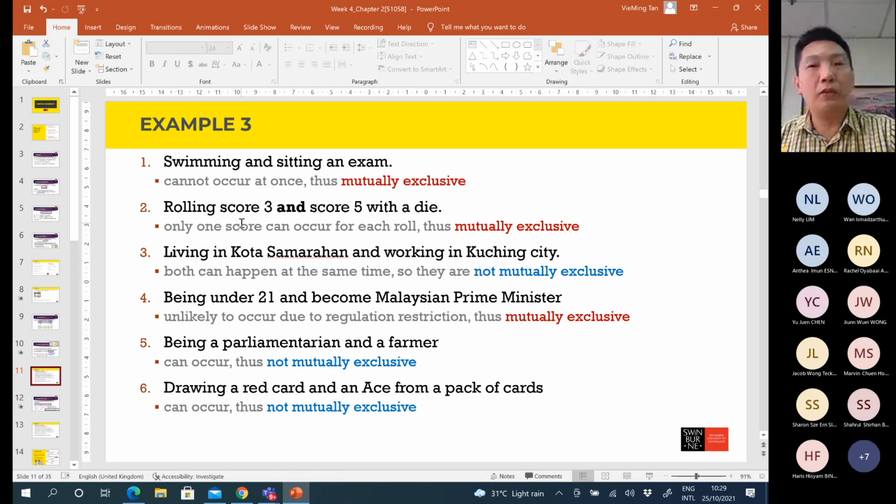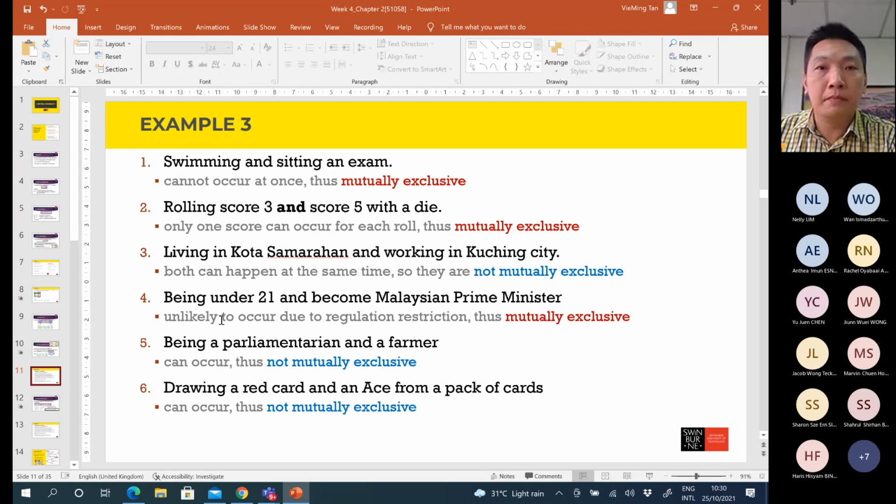If you throw a die, your result is score 3 and score 5. Not possible also. Why? Because if you roll a die, you can only get one result. You cannot have two results. Either score 1, 2, 3, 4, 5, or 6. You cannot have score 3 and score 5 happen at the same time for one event. So this is also considered mutually exclusive.